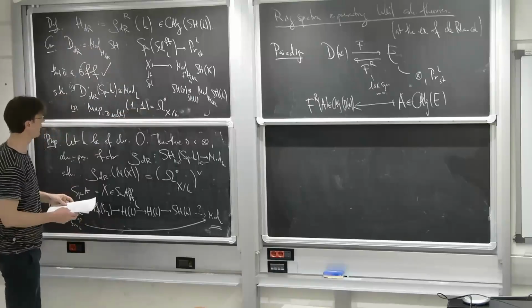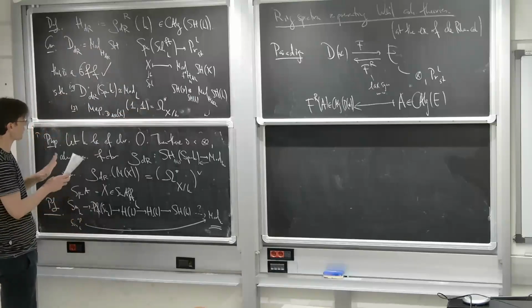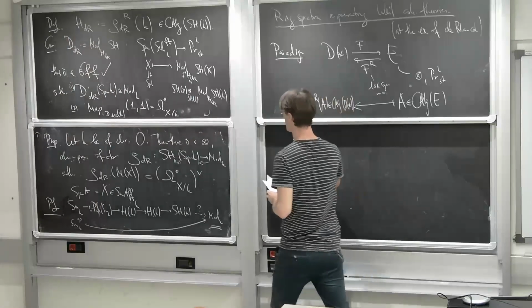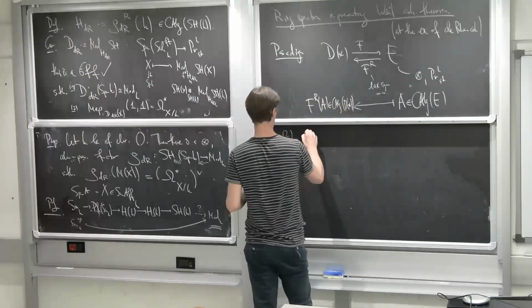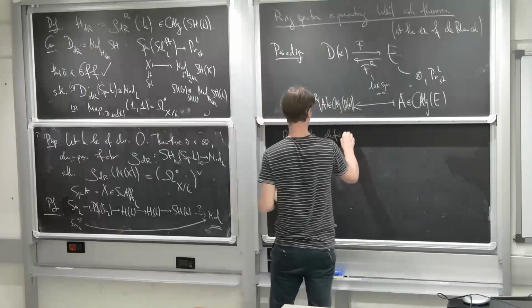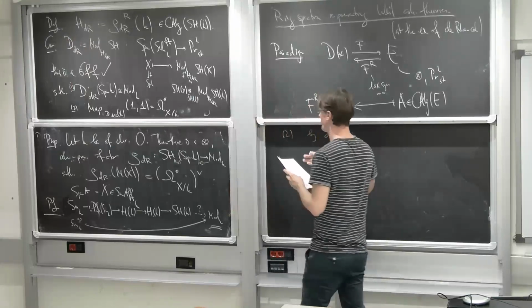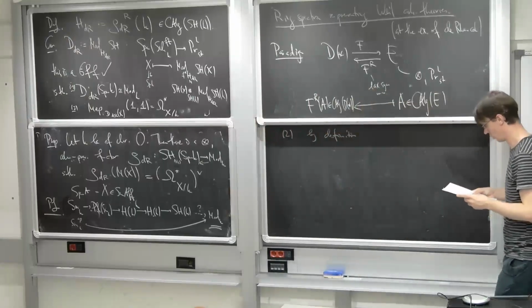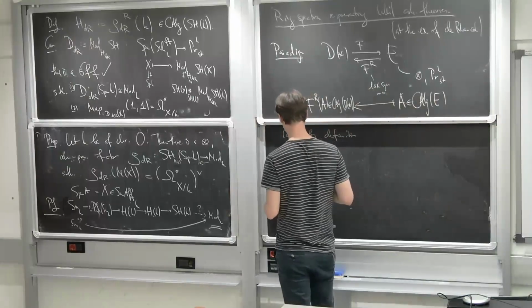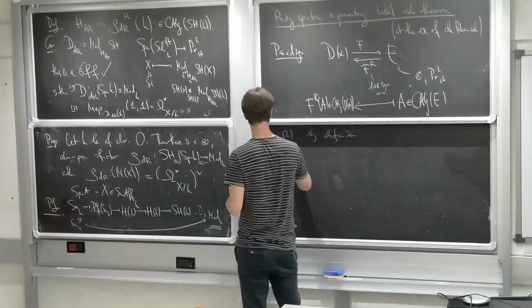So in the notes you find a proof. It's really just unwinding the definitions in some sense. So let's say 2 is more or less by definition, but plus a little bit of writing. Nothing serious anymore. And I want to comment more on part 1.